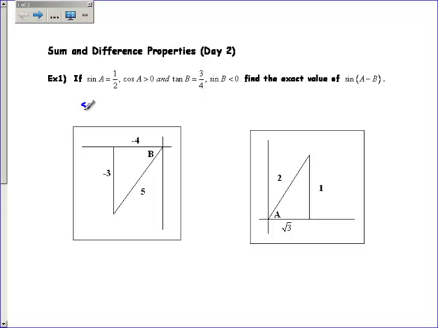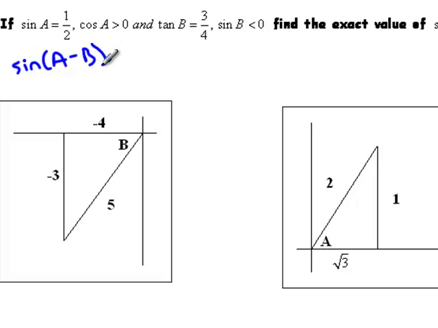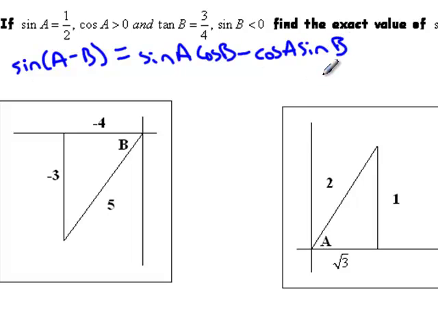So I'm going to write then that the sine of A minus B can come from the formula. Even though I don't know angle B and I don't know angle A, I can use our formula chart for this. And our formula chart says that this is the sine of angle A times the cosine of angle B, and then it is minus the cosine of angle A times the sine of angle B. That's our formula for this.